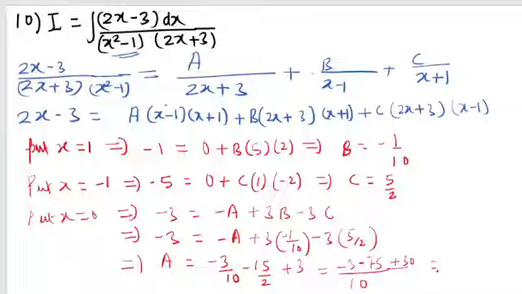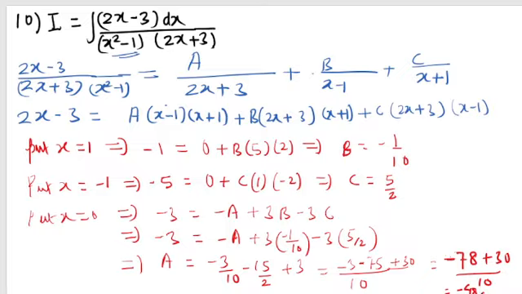This will become minus 78 plus 30 divided by 10. So if you subtract this, we will get here minus 48 by 10, or we can say minus 24 by 5.